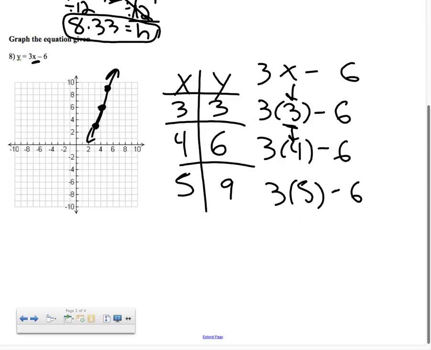You can just draw a line through those points, draw some arrows at the end, and there's your graph answer. So again, all you had to do is plug in numbers for x, get out numbers for y, and there's your graph. You can choose whatever numbers you want for x. I would just keep them low so that you can know how to work with them. If you make them too high, they're not going to fit on the graph, and they're going to be a little hard to work with.